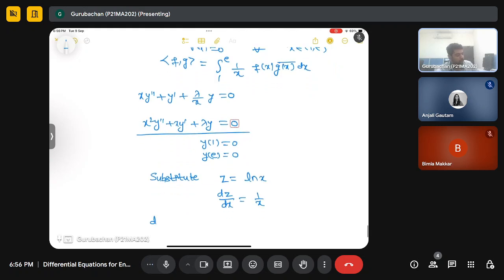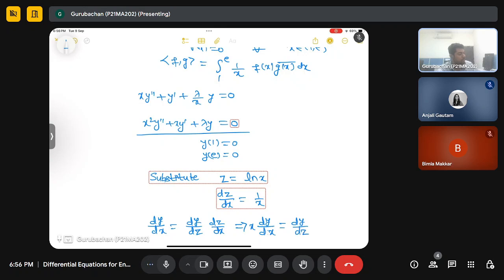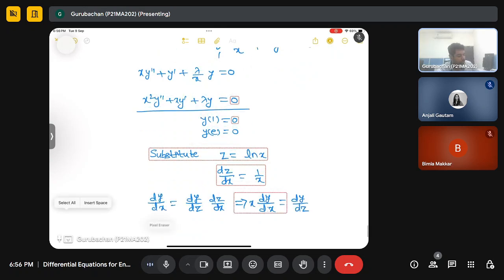From here dy/dx is dy/dz times dz/dx by the chain rule. So this gives you x dy/dx = dy/dz. Again you will differentiate this, then you will get x² d²y/dx².